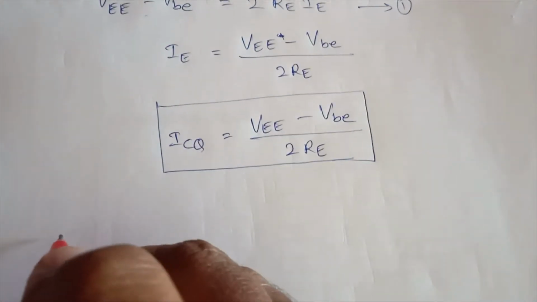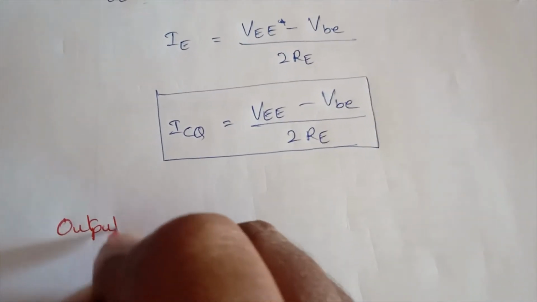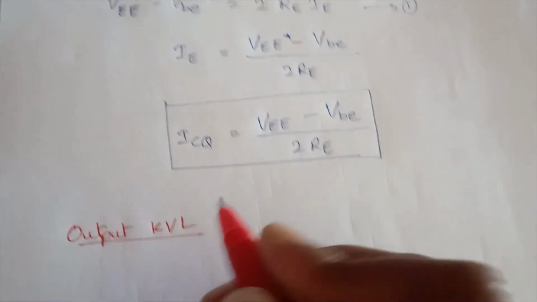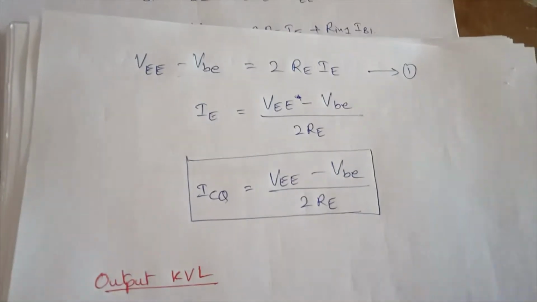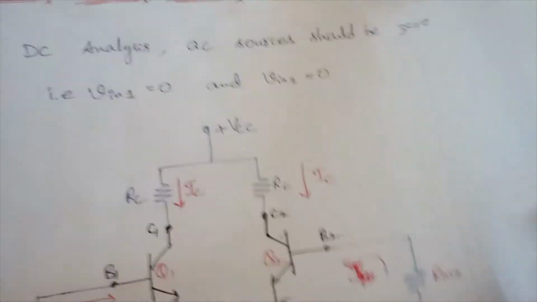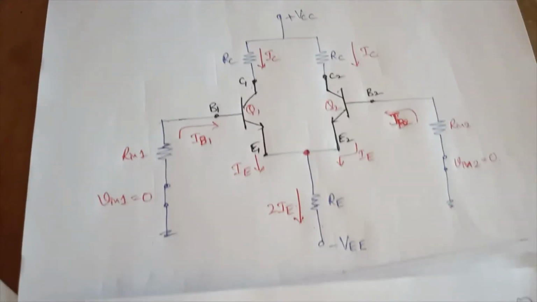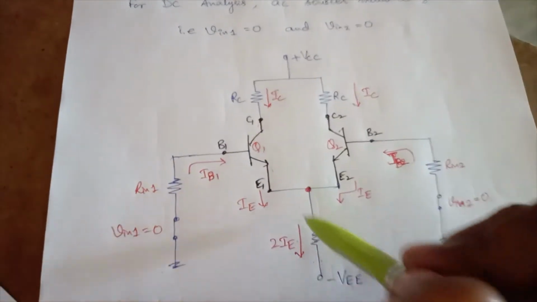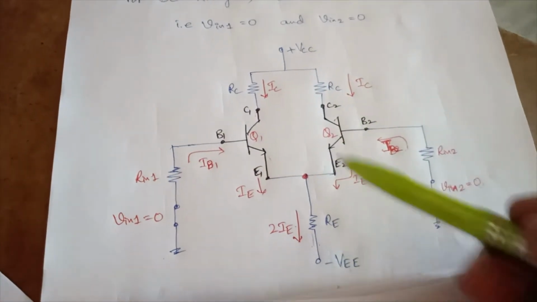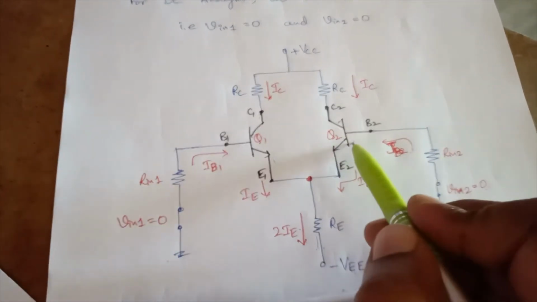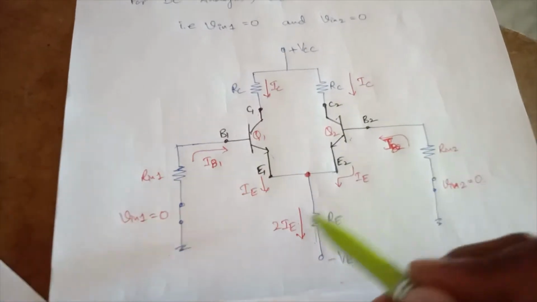In the same way, for getting the VCEQ value, write the output KVL. So what is output KVL? Take the diagram and write down the output KVL. We can take it from here to here or here to here. Why? Because the two transistors are identical and all the resistors are the same.